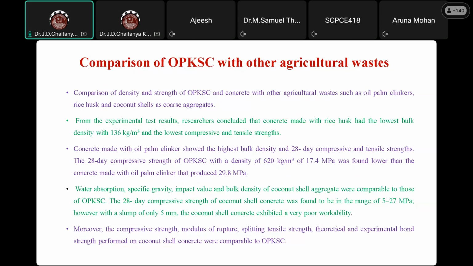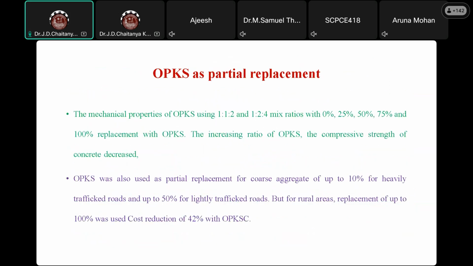You can observe the water absorption ratio also and the composition also. The compressive strength varies in the 28 days composition, 5 to 27 MPa. Already I showed these values in the previous research values. So here they say partial replacement as fine aggregate or coarse aggregate. People have attempted this replacement with intervals of 25%: 0, 25, 50, 75, 100 replacement.